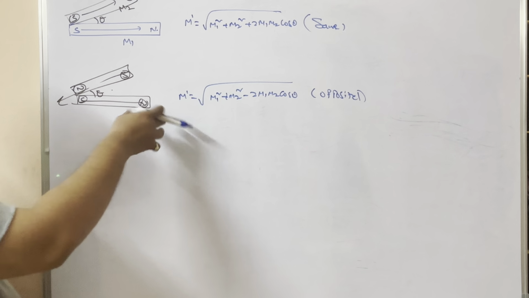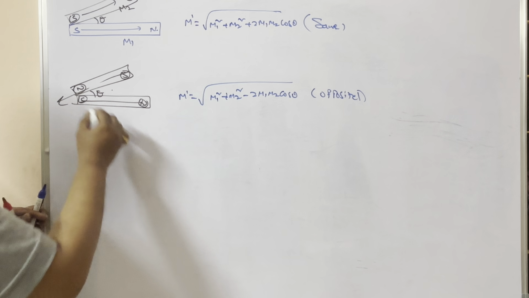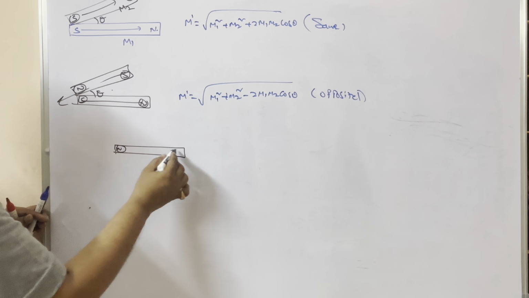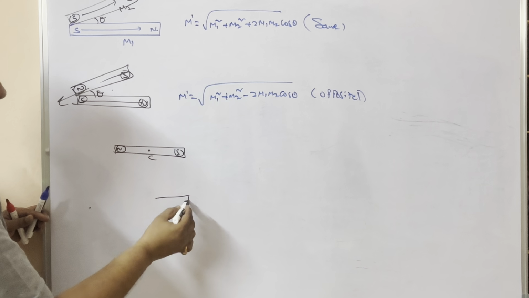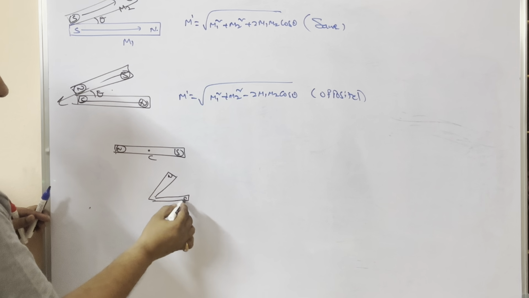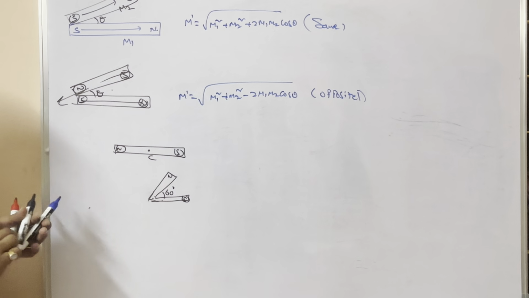On this, they asked one question last year. A magnet is divided, with north pole and south pole, and it is bent at its center by making an angle of 60 degrees. At its center, which poles will be available?